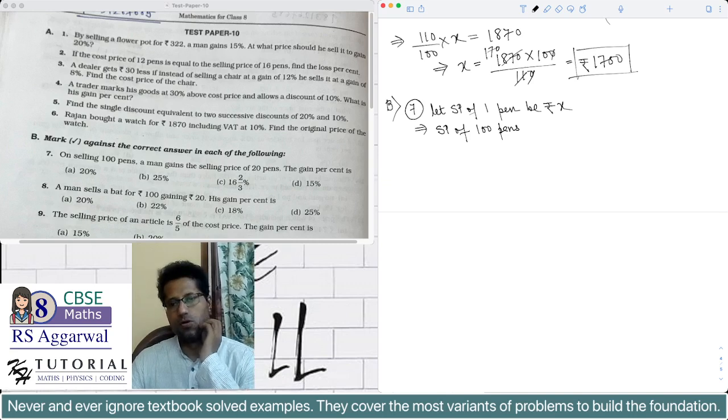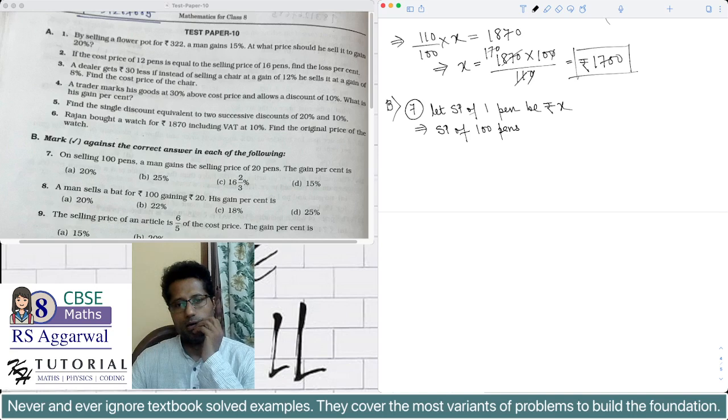It does not matter. You can consider one article, two articles, or three articles. The gain percent and loss percent will remain the same. So, as per your convenience, choose the number of articles which is easy for calculation.